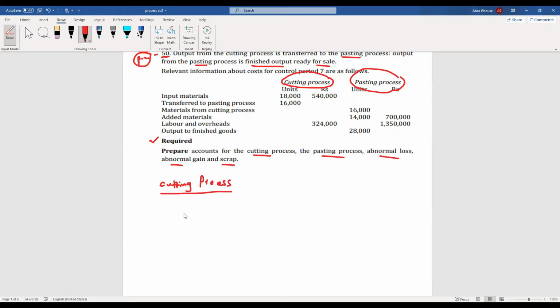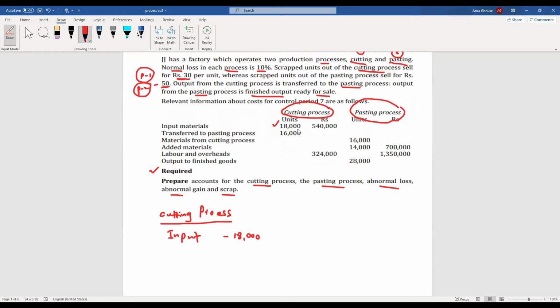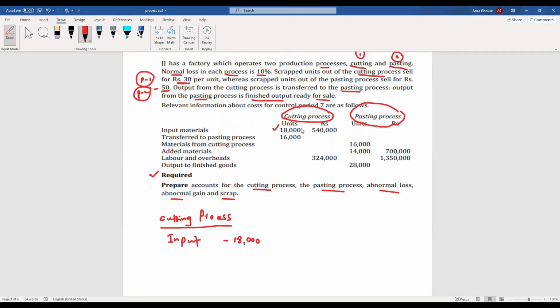So first of all, we'll identify how much is the input. Input to the process is 18,000 units, of which 10% will be the normal loss.